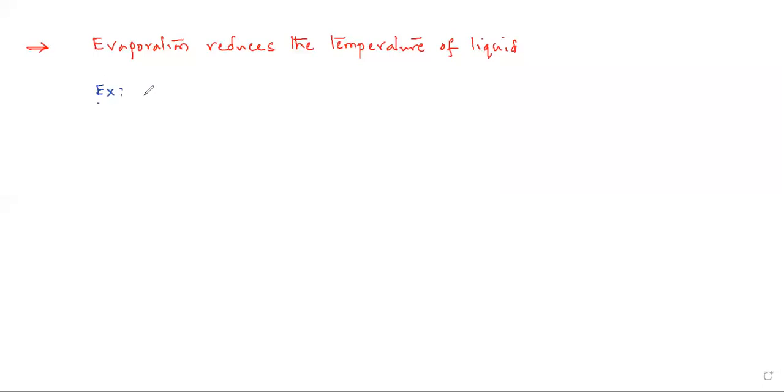Example is, hand feels cold when ether is put on it. We know that ether, of course, is more volatile, right? Let us see what happens.